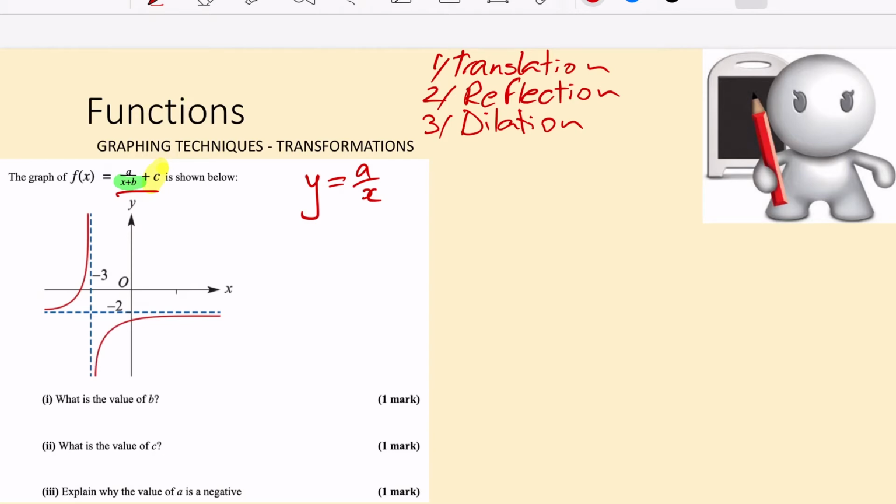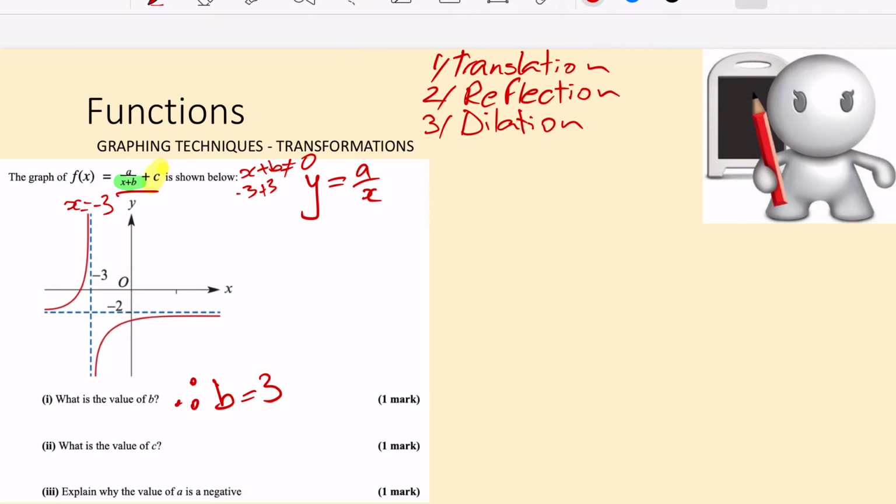Well, remember x plus b cannot equal to 0, hence that's why we have this asymptote. Well, what's the equation of this asymptote? x is equal to -3. So if x is equal to -3, therefore b has to equal to 3, okay? If you substitute -3 here and 3 here, you're going to get 0, and remember, x plus b cannot equal 0, otherwise the function will not exist.